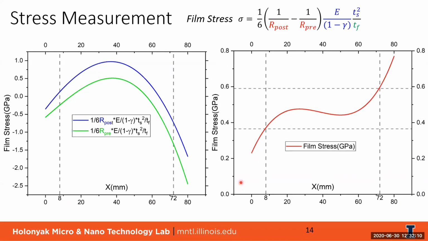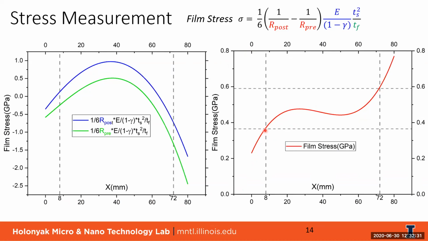To get the stress, we simply subtract the green curve from the blue curve. And you can see that the blue curve is always higher than the green curve. That means we have a positive stress, the tensile stress.